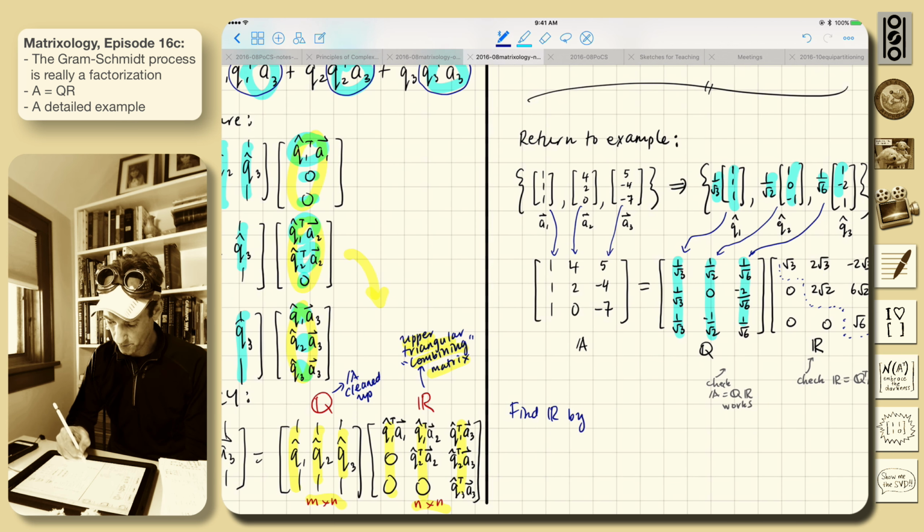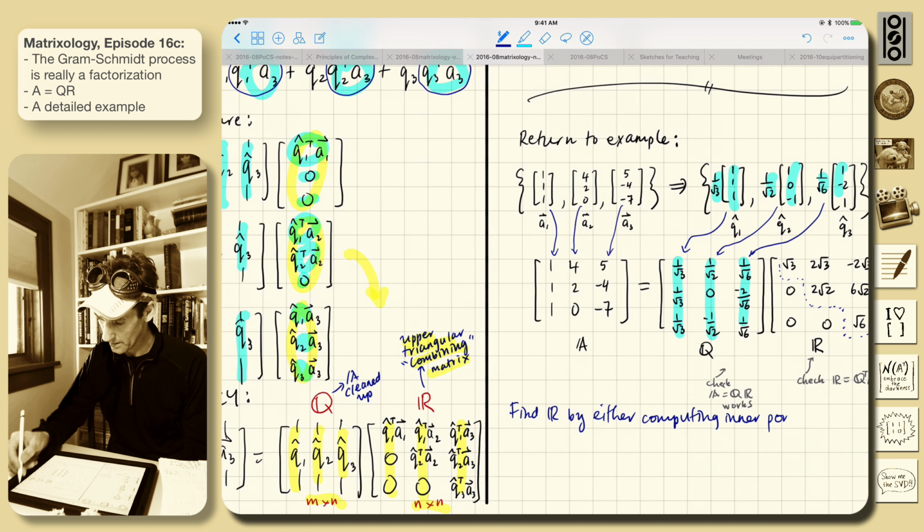by either computing the inner products, and they're all going to be these sorts of things, right?